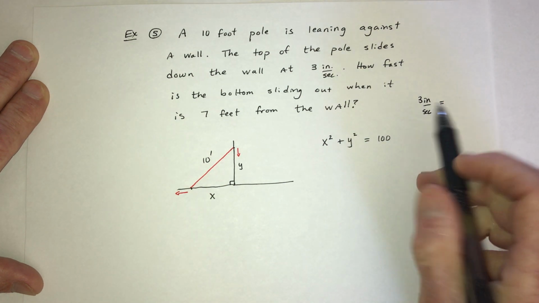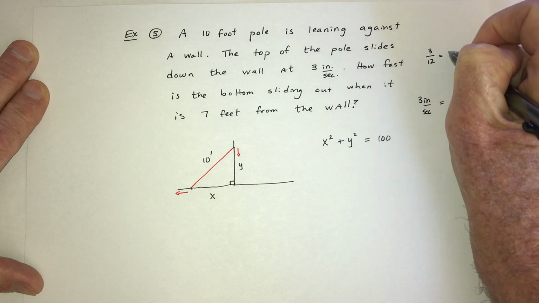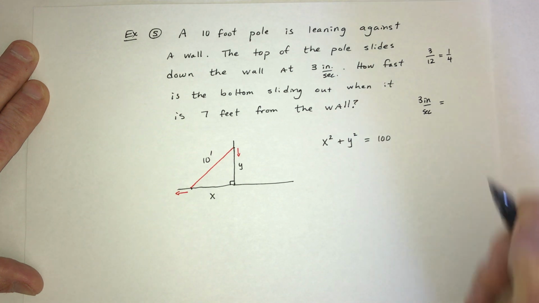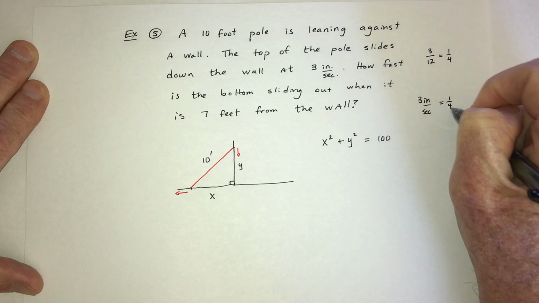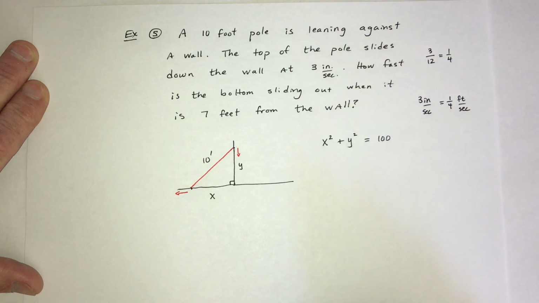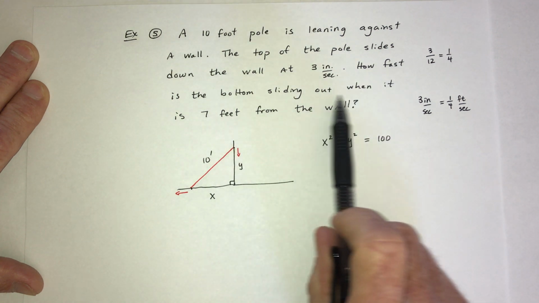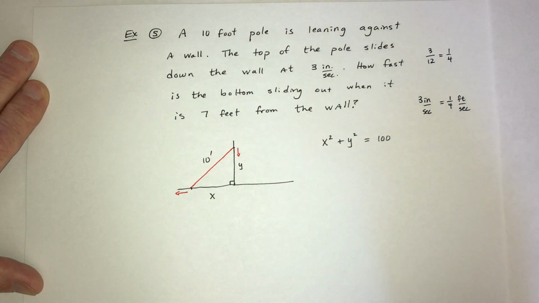So 3 inches, that would be 3 inches out of 12 inches. So that would be 1/4. So this is going to be 1/4, and now it's saying feet per second. And then just reading the rest of it, there's seconds right there, and then nothing else says about time. So we can go ahead and use feet per second.